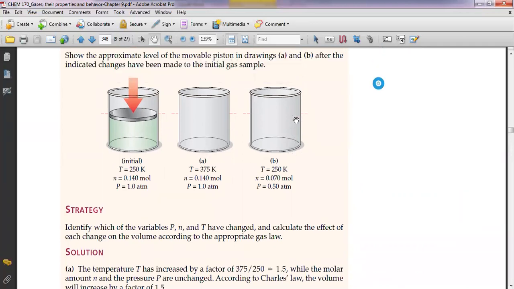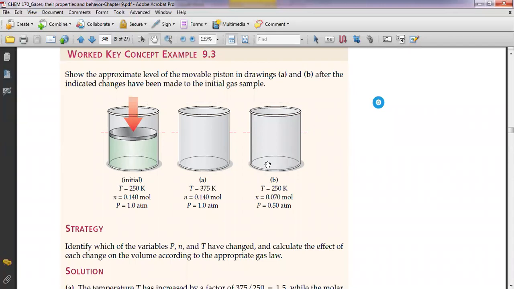So if you look at example B, what is happening here? The temperature is constant, but the number of moles is going to decrease. That means it is half the number of moles compared to the initial.